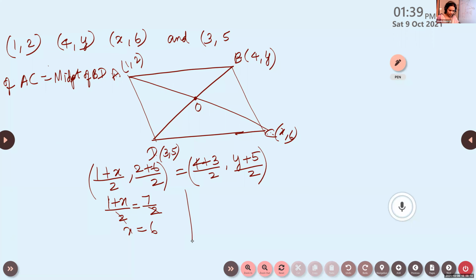What is the value of y? Then y is 3. Yes, x is 6 and y is 3.